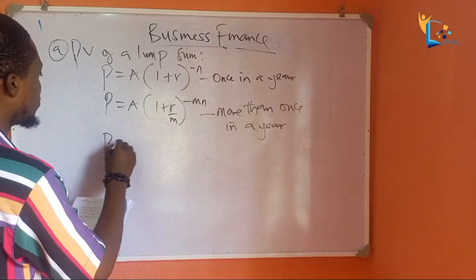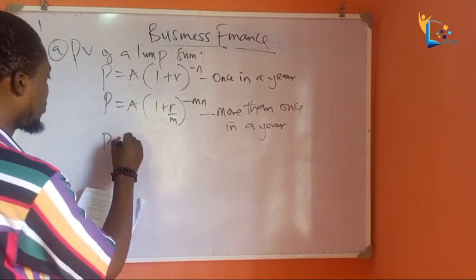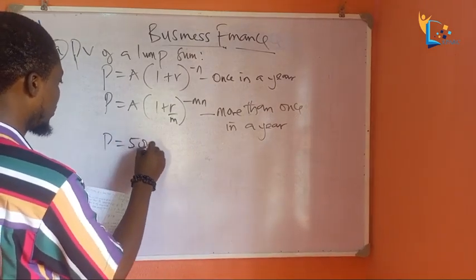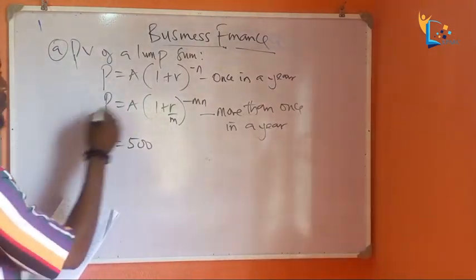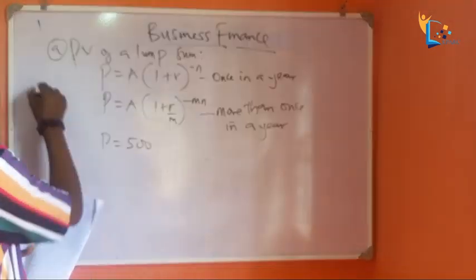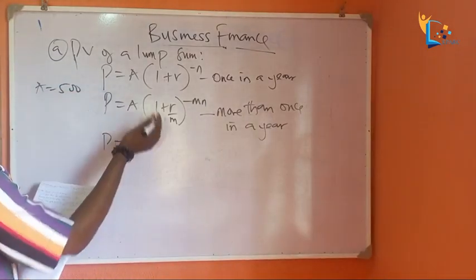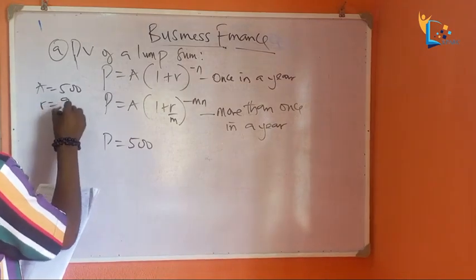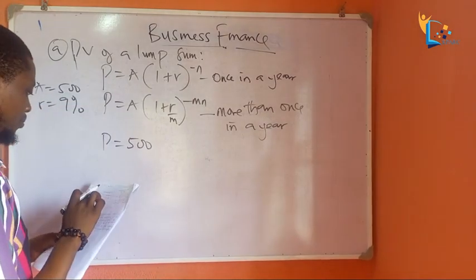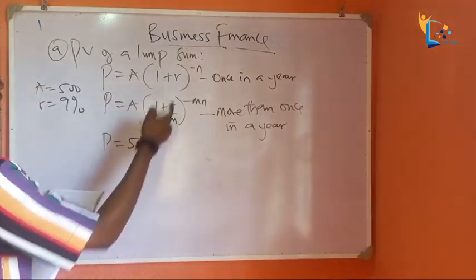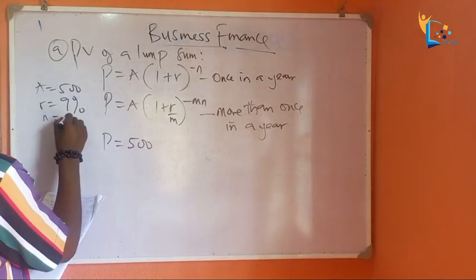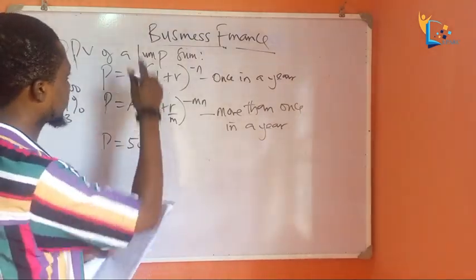So the present value will be 500, because A here is 500 from our question. Then r here is 9%. Then n here is 3. So let's substitute.